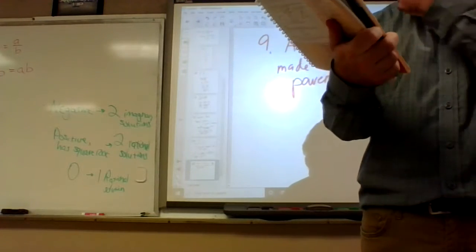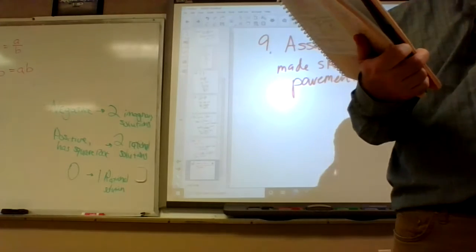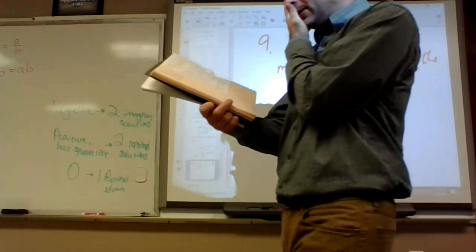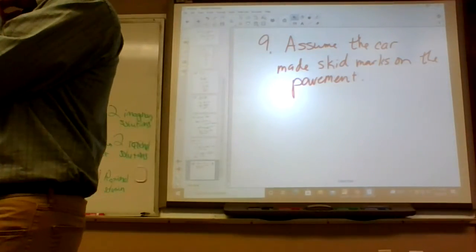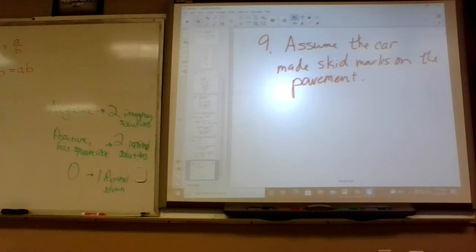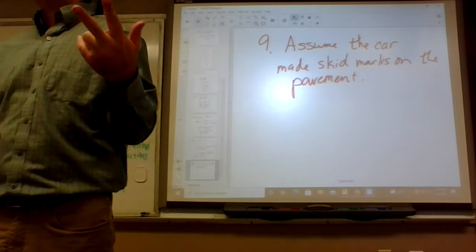Number 19. Triangle XYZ. This is kind of a trick question. I don't like this one, but we'll do it anyway. Triangle XYZ is equilateral. Triangle XYZ is isosceles. Is that a contradiction? No. You should probably think it is a contradiction, but it's not, because an isosceles triangle has two equal sides.